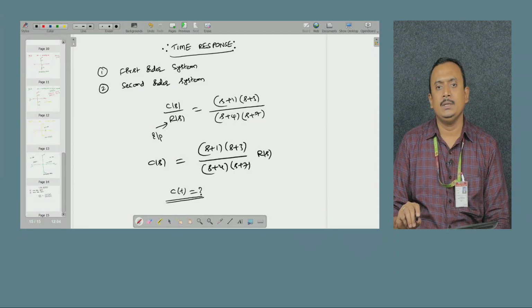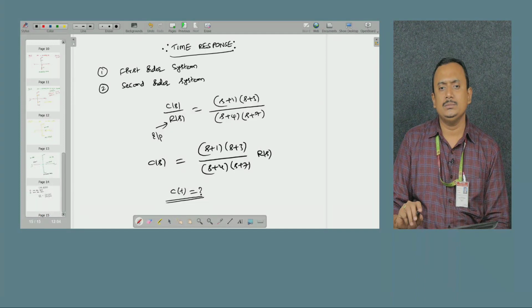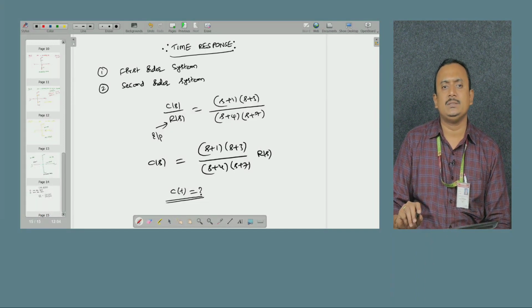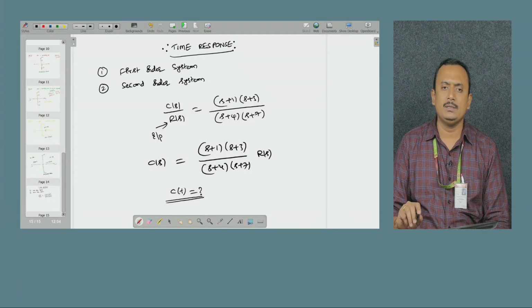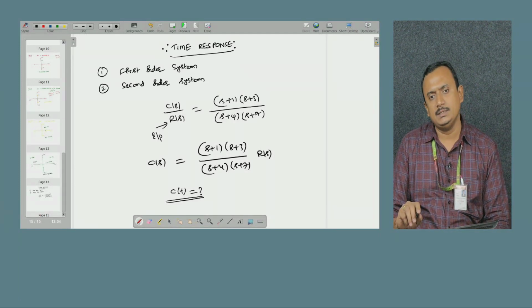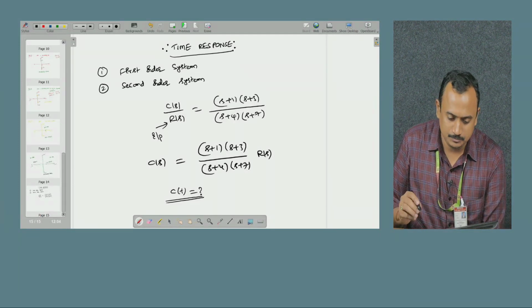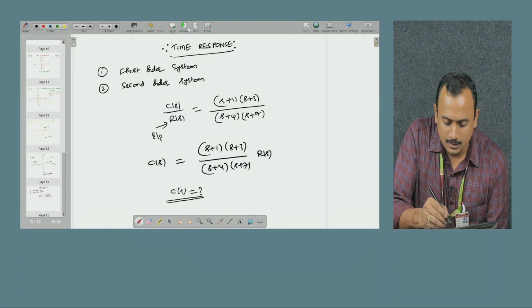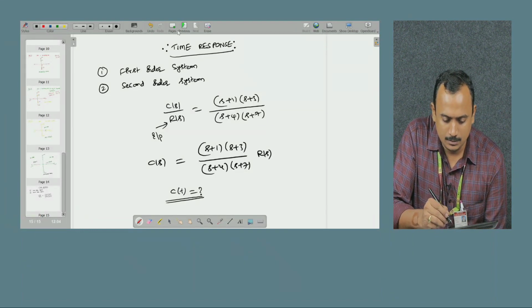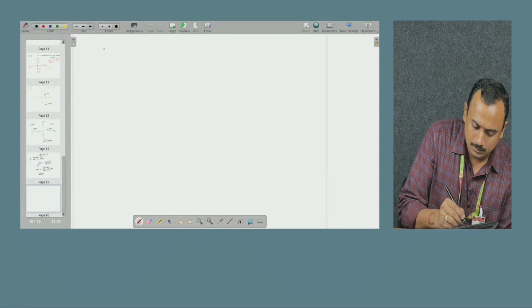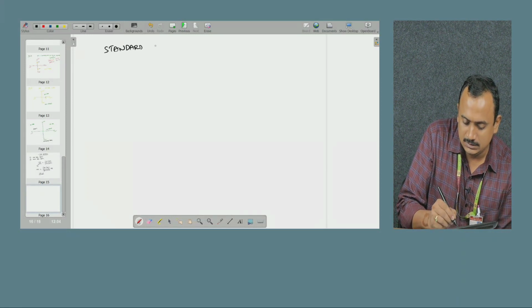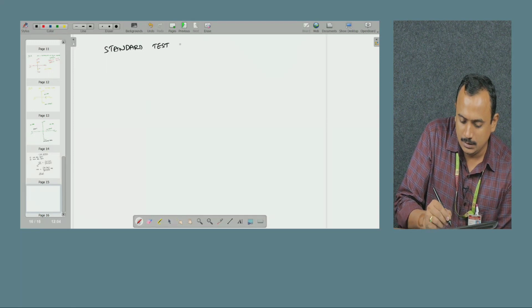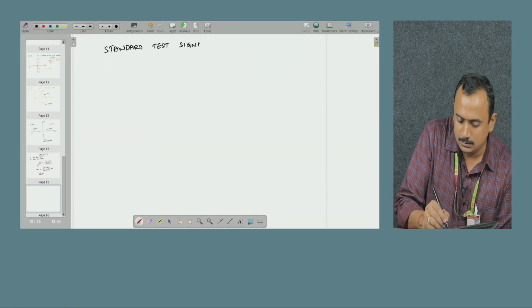Now before I do first order system response and second order system response, let us see what the various standard test signals available are. Standard test signals.